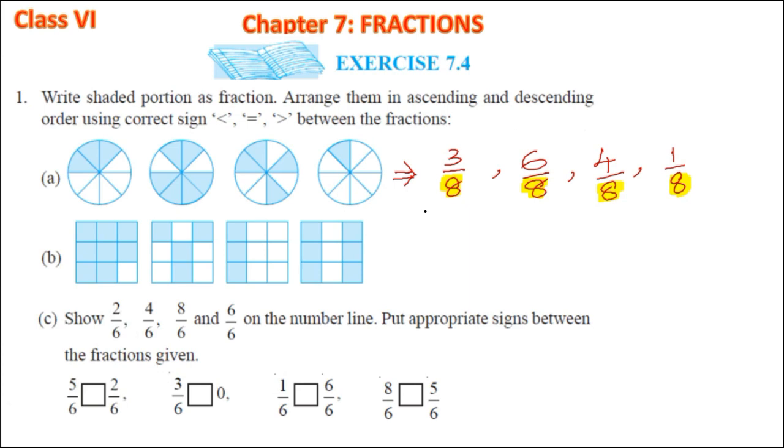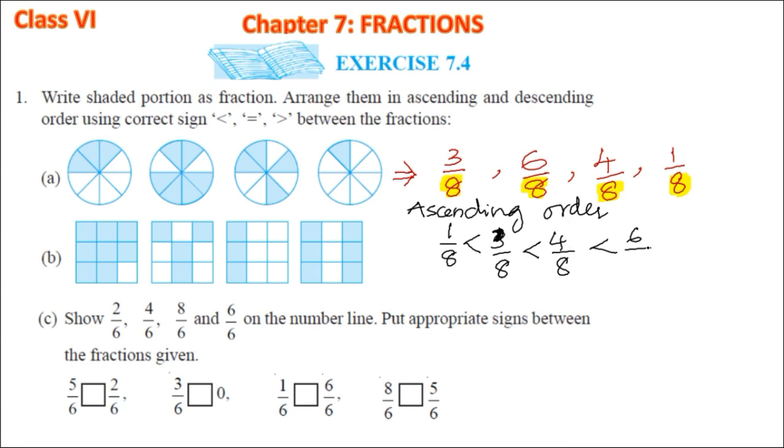So the ascending order will be 1 by 8, which is less than 3 by 8, which is less than 4 by 8, that is less than 6 by 8. This is our ascending order.